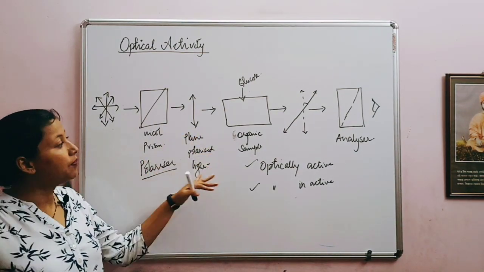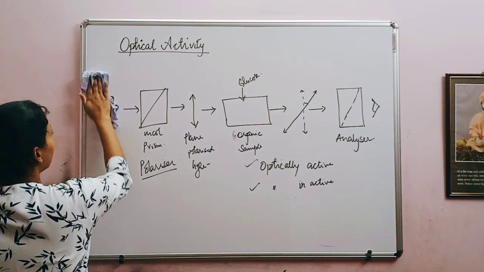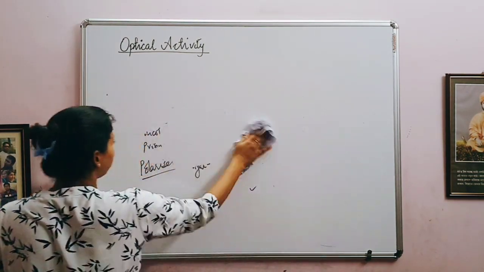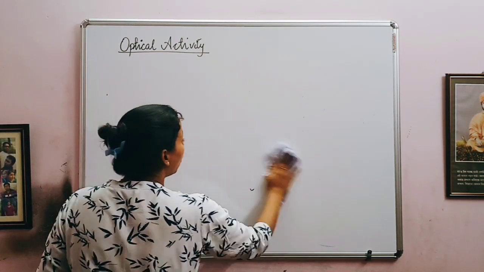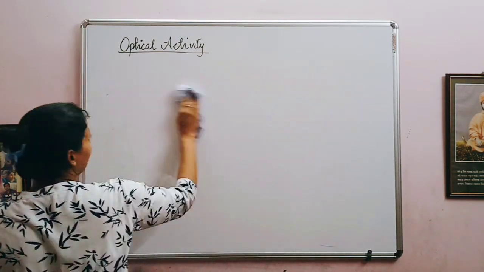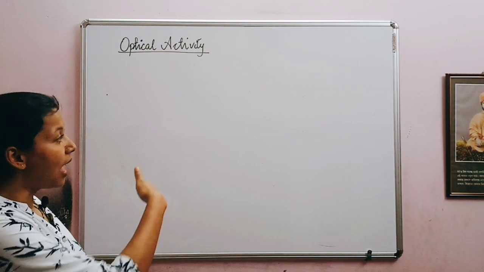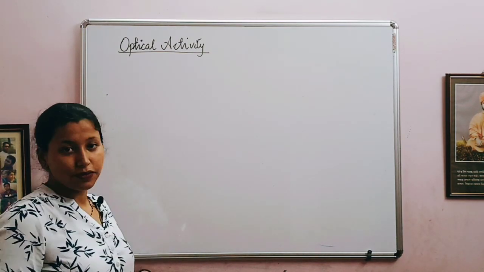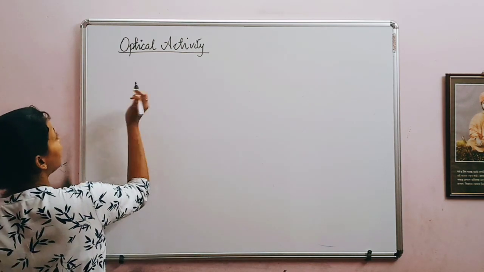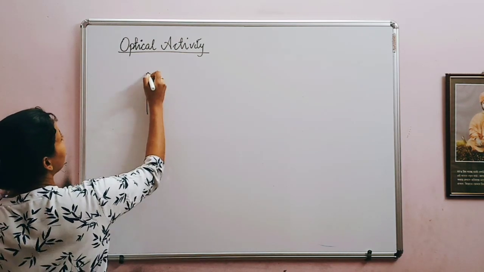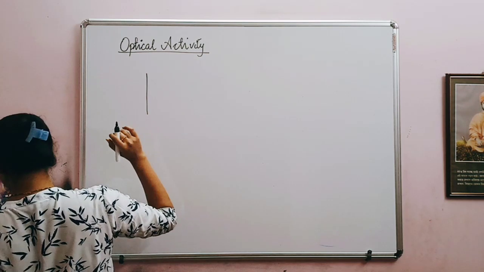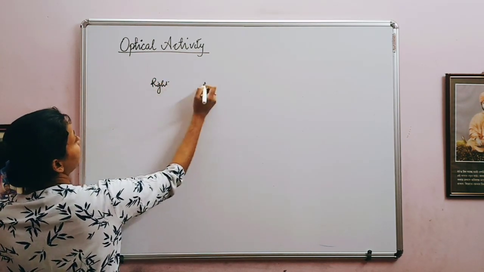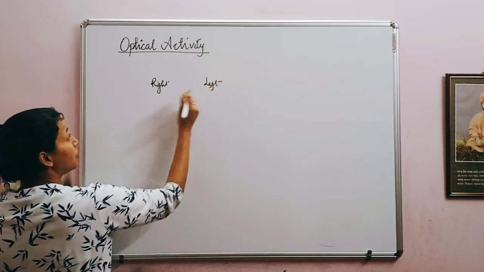So from here we will go to the next section. It is not necessary, like I had shown in the diagram, I had shown the deflection on my right hand side. An optically active compound can rotate the plane of polarized light either to the right or to the left.